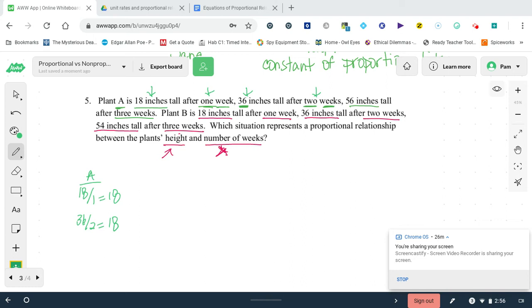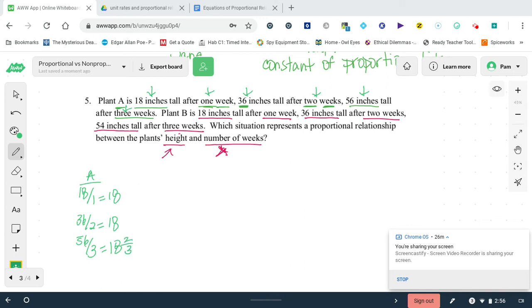And then it's 56 inches in that third week. So you take 56 and divide it by 3. I'm going to tell you guys, you're not going to get a whole number because 3 is not going to go into 56 evenly. It's some decimal. I'm going to leave it as a mixed number, 18 and 2/3.